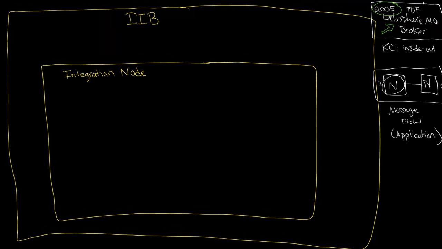So, for example, the integration node was formerly called the Broker. That's its previous name. And in the current documentation, you'll see that it's still called the Broker in many places. And really what it does is it is a set of execution processes that host and run message flows.